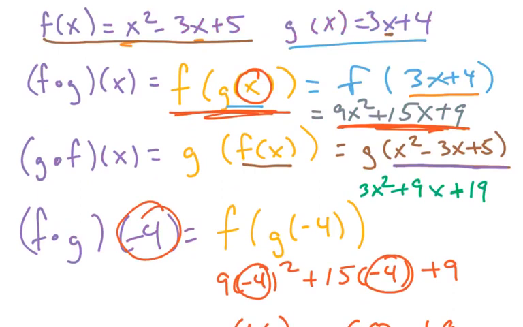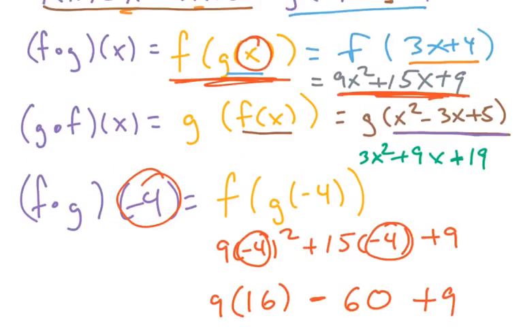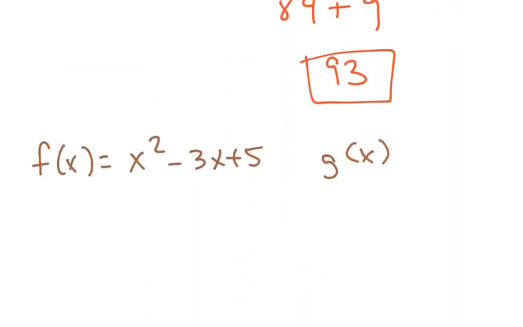An alternative approach, let me rewrite this so there's some space here. Again, we have f of x, got to remember to rewrite everything. f of x is x squared minus 3x plus 5, and g of x is, sorry about this, 3x plus 4.